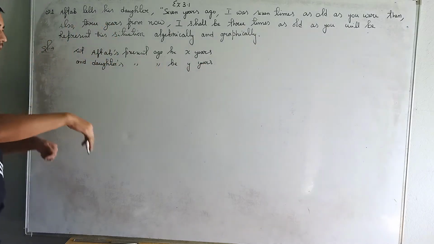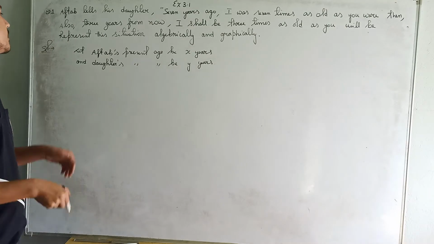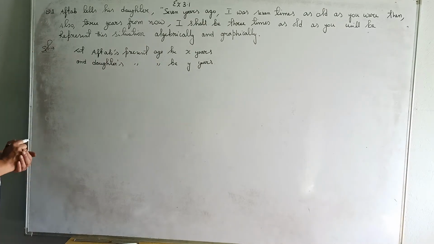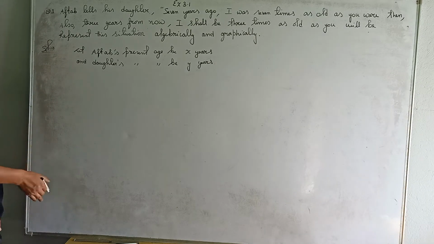Means in 2021, right now, Aftab is x years old, and right now, his daughter is y years old. Right now means while recording this video.